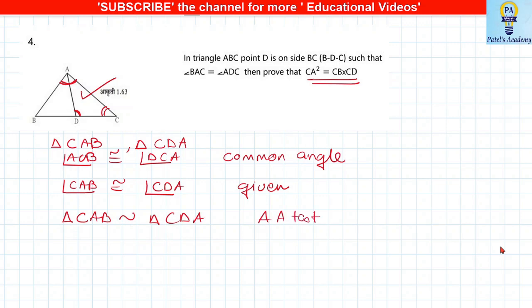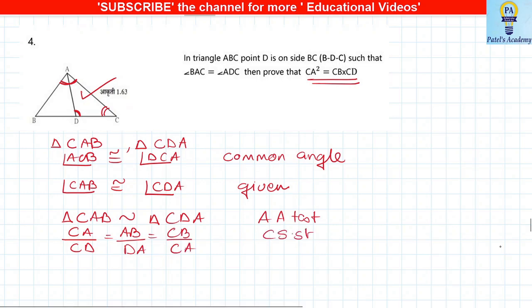So since the triangles are similar, I can take the sides in proportion. So I'm taking CA upon CD equals to AB upon DA equals to CB upon CA, corresponding sides of similar triangle. Now what is asked? CA square.